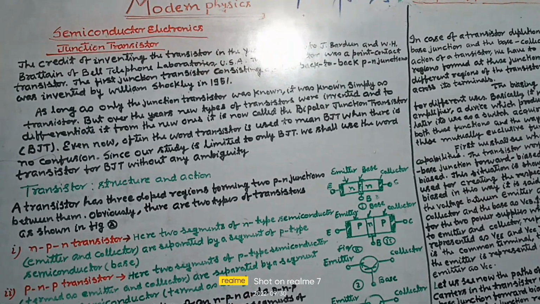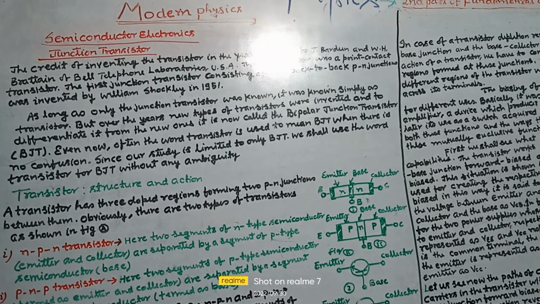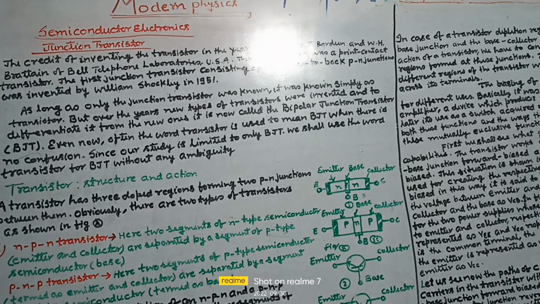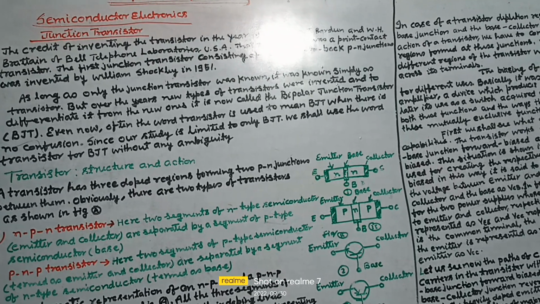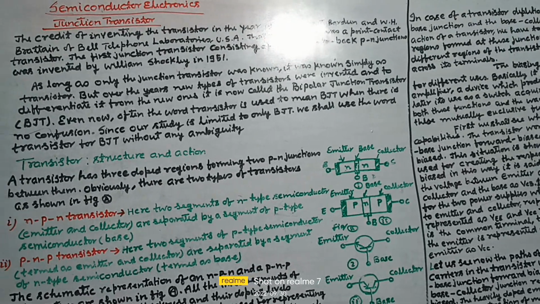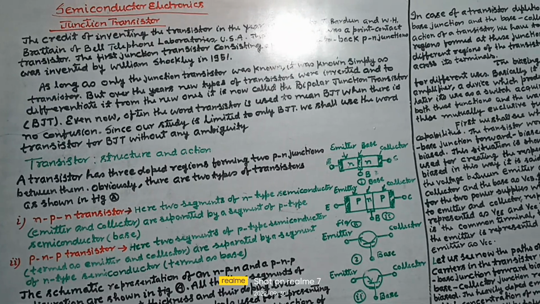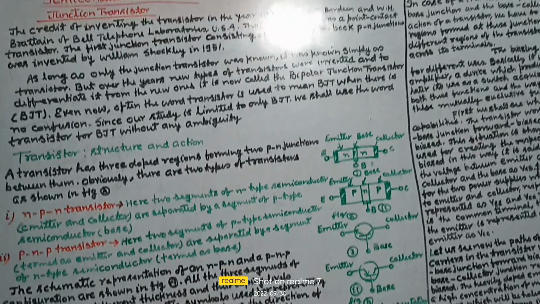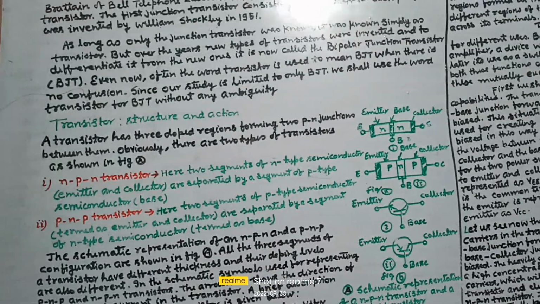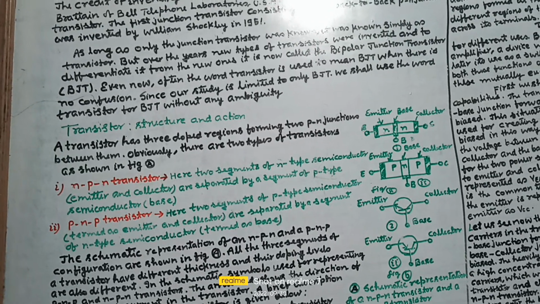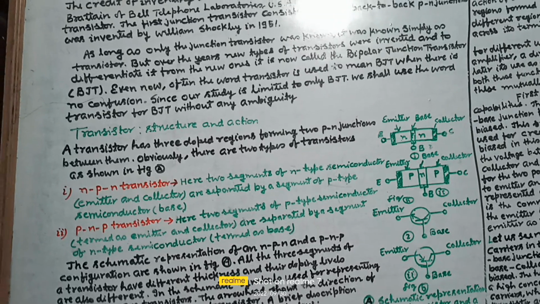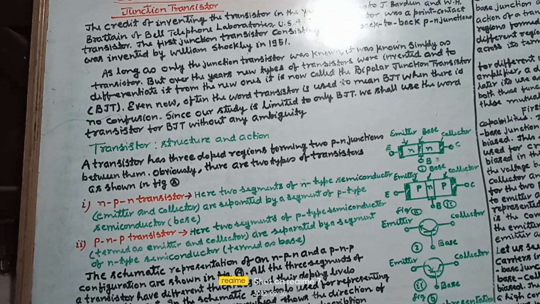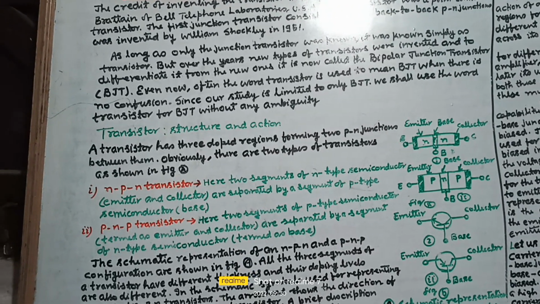As long as only the junction transistor was known, it was known simply as transistor. But over the years, new types of transistors were invented, and to differentiate it from the new ones, it is now called the bipolar junction transistor, BJT.